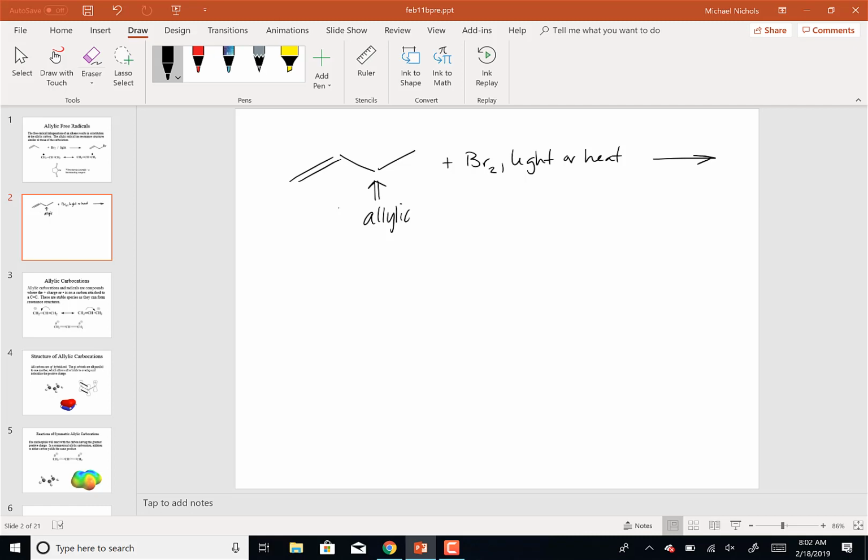And it's on par with the 1700 to 1 that we had for a tertiary halide. So when you brominate an allylic position, that's where the bromine should go.